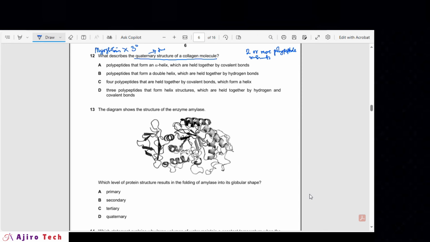But for collagen that is made up of 3 polypeptides, like we know from our coursework, they form a triple helix. So three polypeptides that form helix structures, a triple helix, which are held together by hydrogen and covalent bonds.